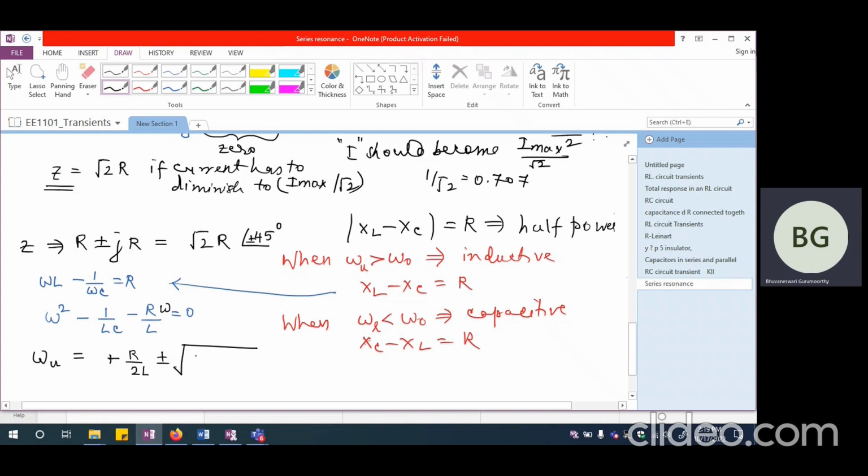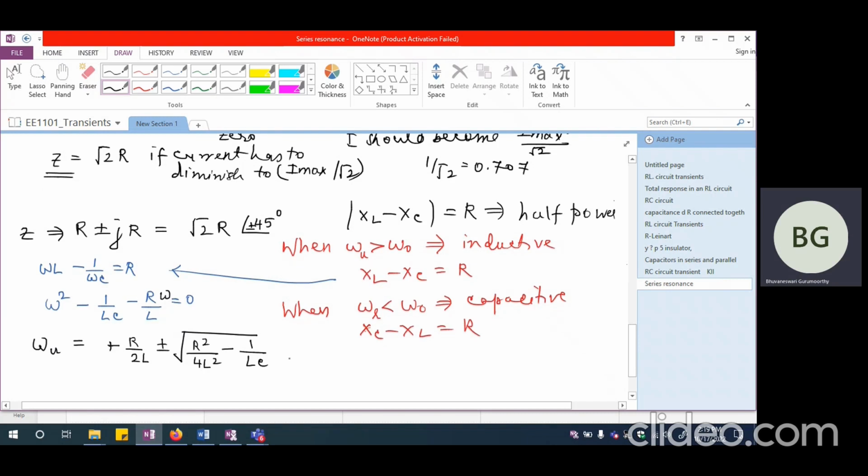So B square in this particular case is R square by 4L square plus 1 by LC. So this is going to be the upper half power frequency.